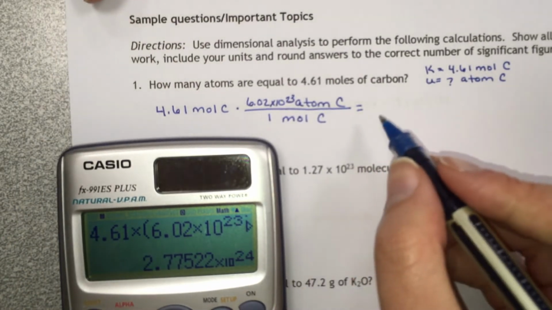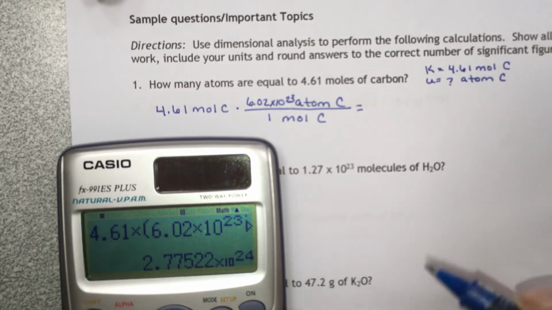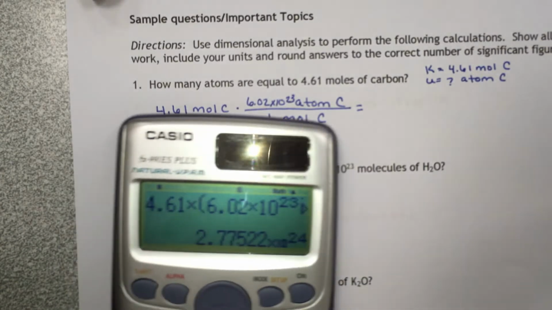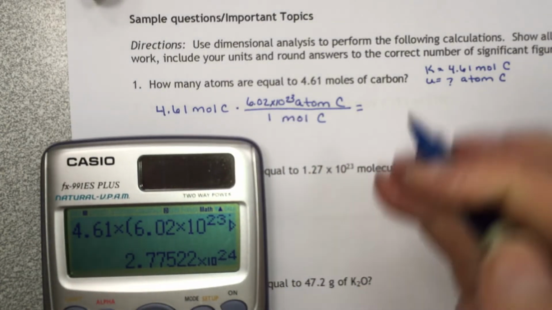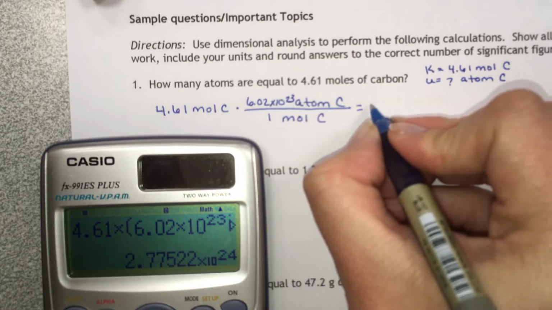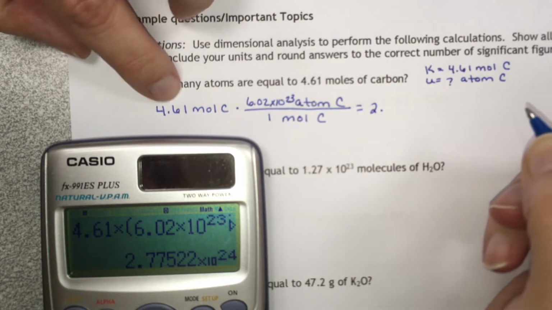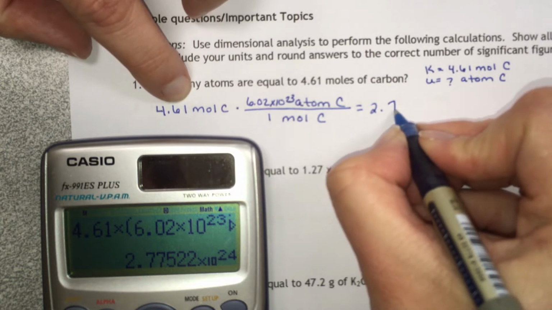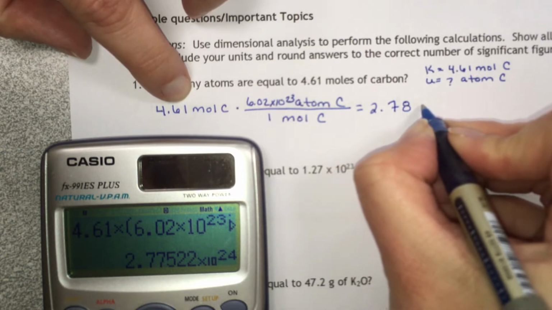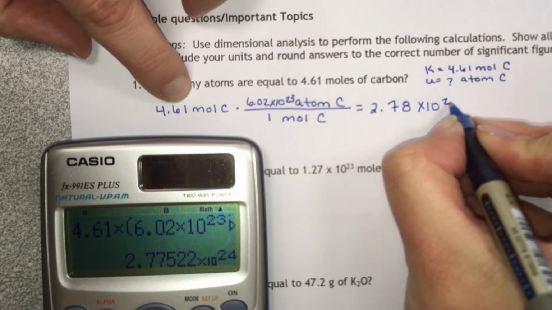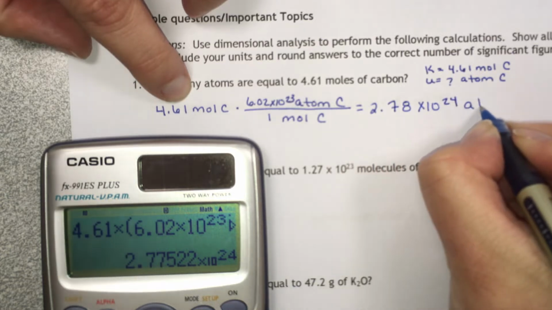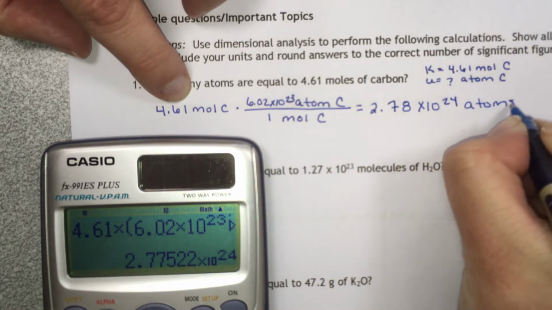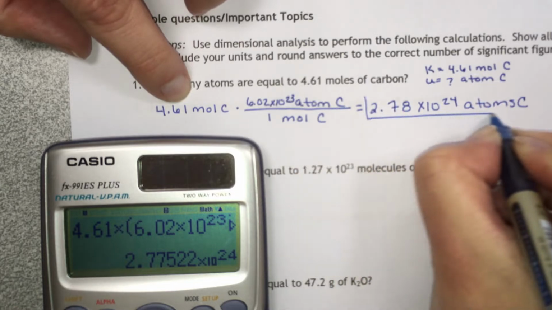If you're giving atoms and it's not this crazy number, you can probably bet that you've done something wrong. So look at your significant figures. You should have 3 significant figures. So 2.78 times 10 to the 24th atoms of carbon should be your answer.